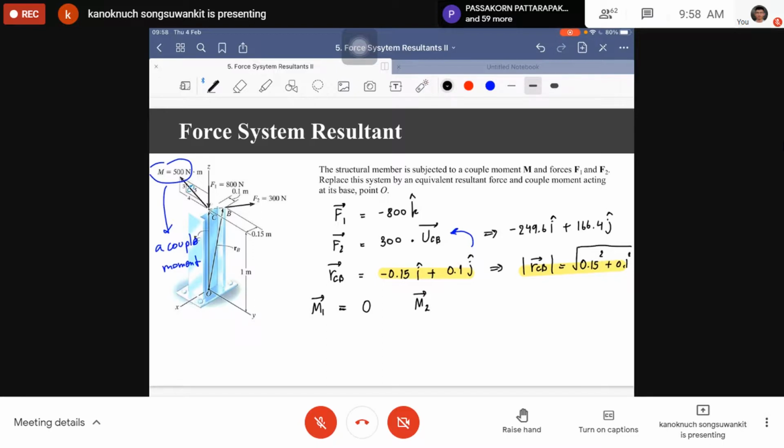For the couple moment M2, of course, we have to find it by using the cross product. The position vector directed from point O to point B, that intersects with the line of action of F2, crossed with the force F2.